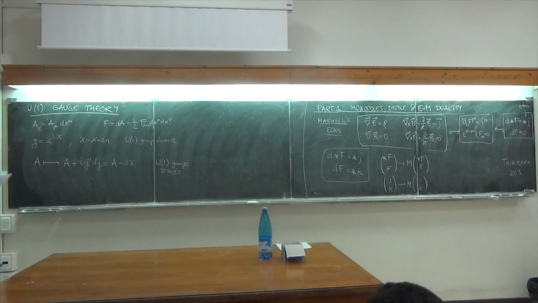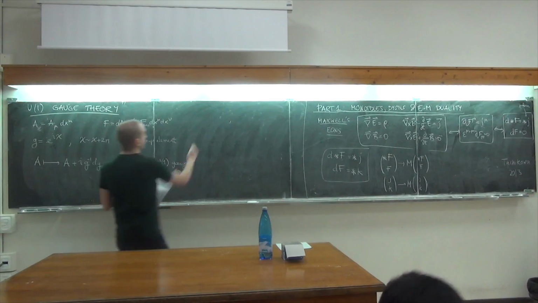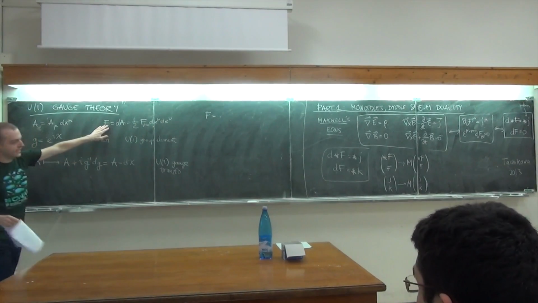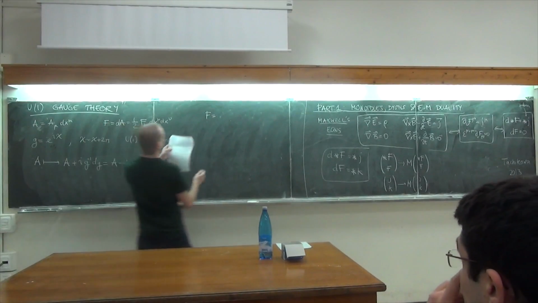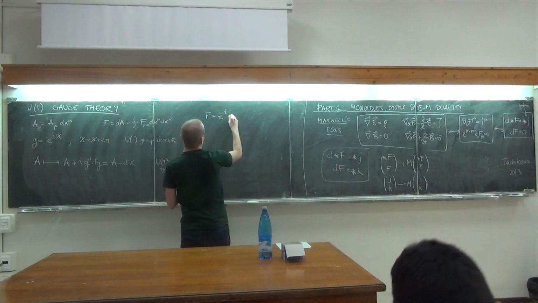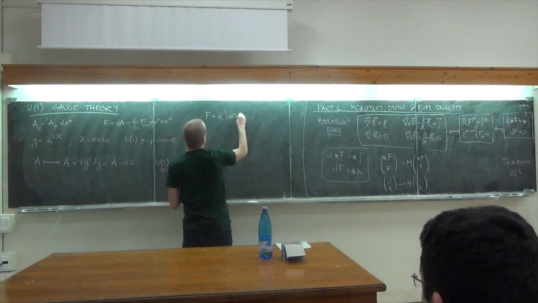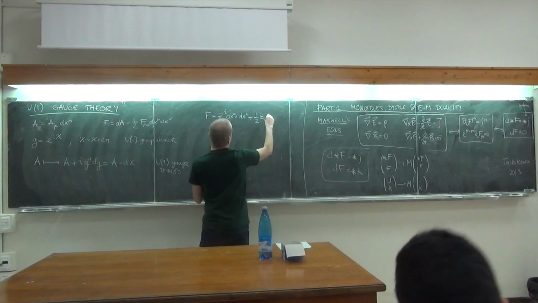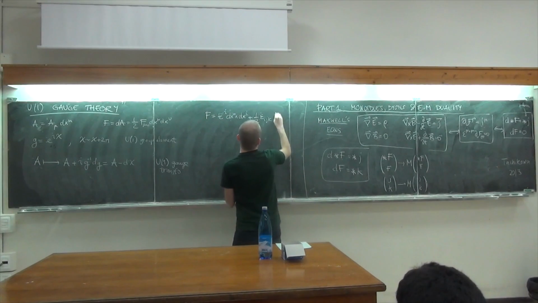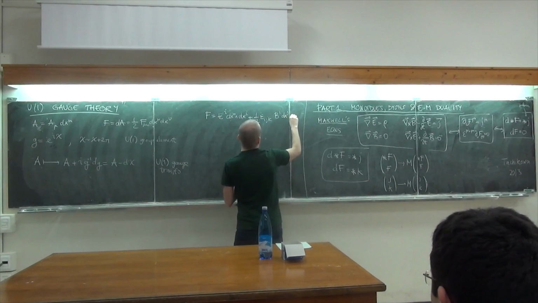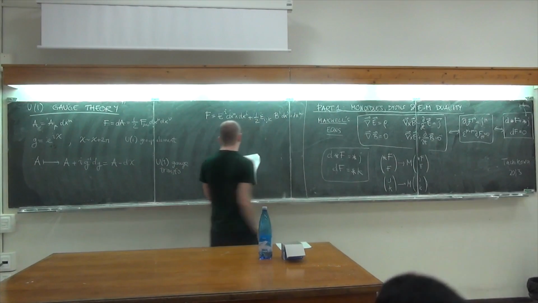Okay. So the convention that I'll take for the curvature, the field strength of A, is as follows. F is electric field E_i dx^0 ∧ dx^i plus a half ε_{ijk} B_i dx^j ∧ dx^k.